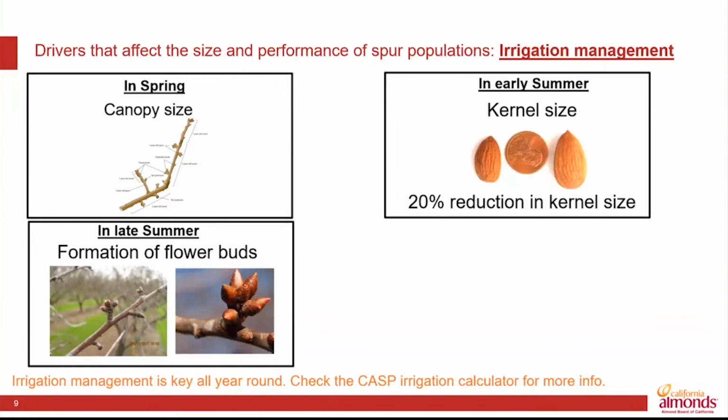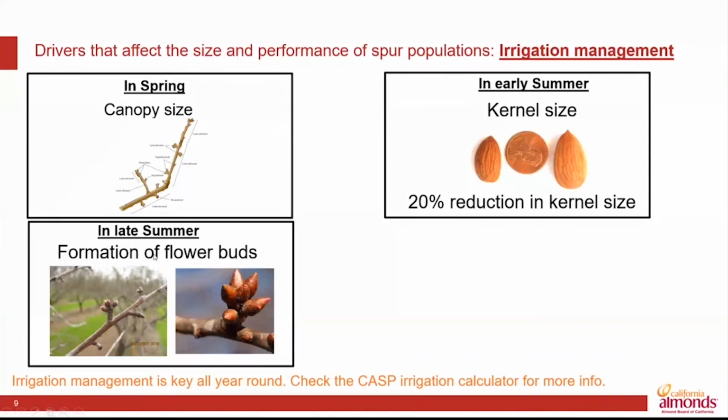That's what is happening in the late summer. And sometime in August and September, depending on the variety, the tree already starts to decide how many flowers are going to be developed for the following season, how many flowers are going to open in February, March next year.